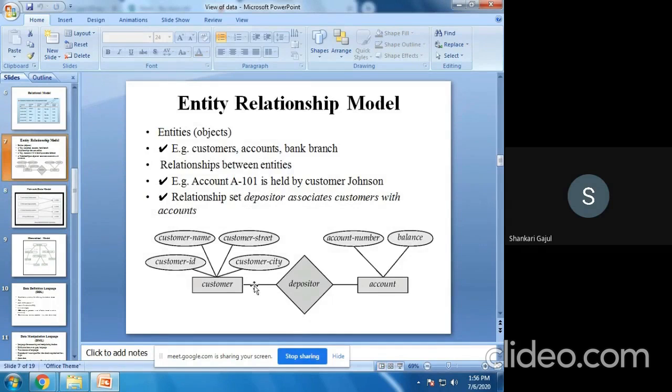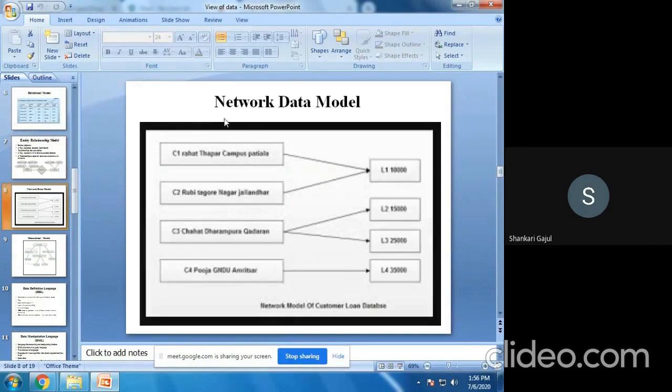There we point to the two entities by a particular relationship, but in a network data model we point between the two objects. This is the customer object and this is the loan object. To make the relationship between both of these, I just point one link between these two objects.